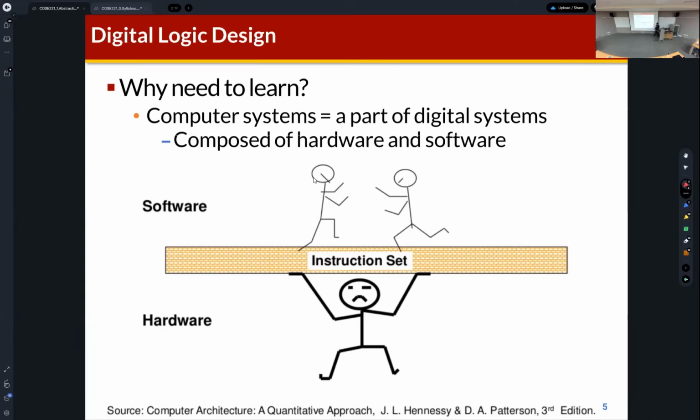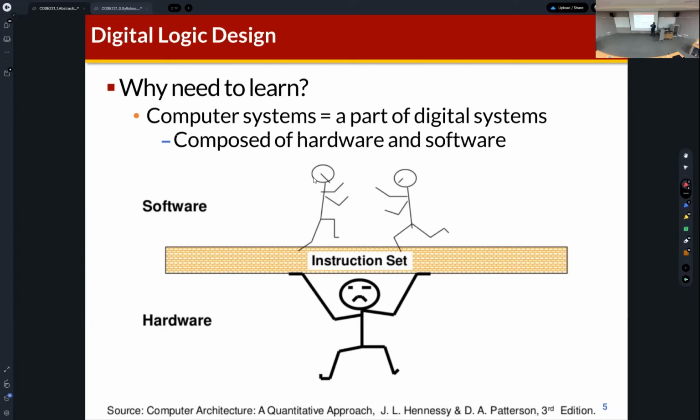So actually, the software runs on the hardware system. Which means that as a computer engineering student, you need to learn how hardware executes instructions from software.